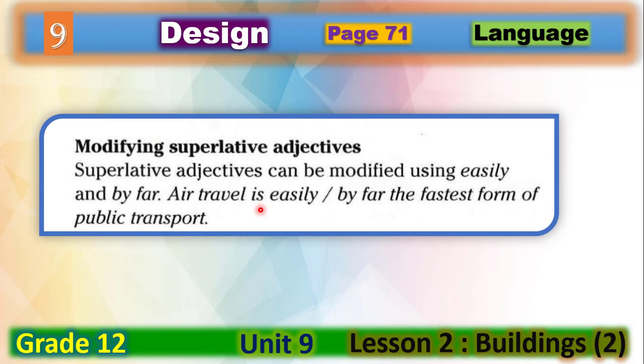Air travel is, we can say easily or by far, the fastest form of public transport. Here, before the superlative adjective the fastest, we can add by far or we can add easily. So the place is before the superlative adjective, not after the superlative adjective. Be careful, okay?